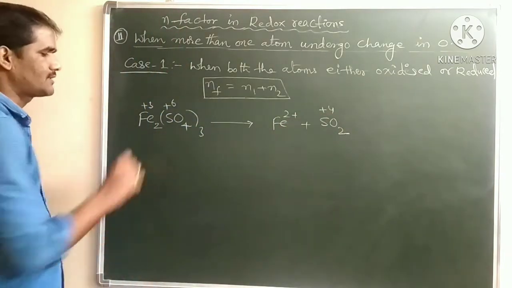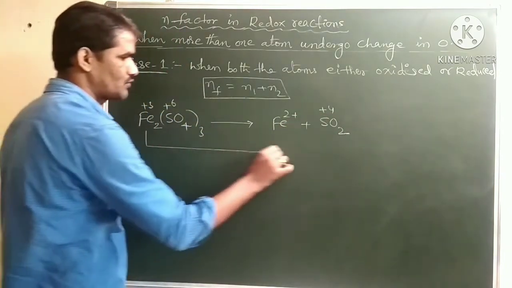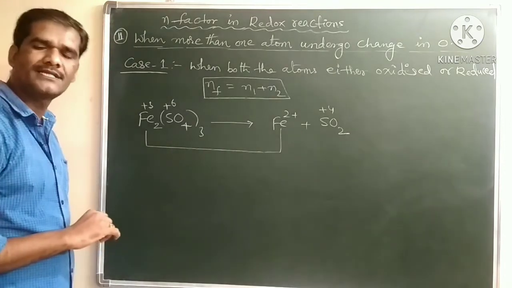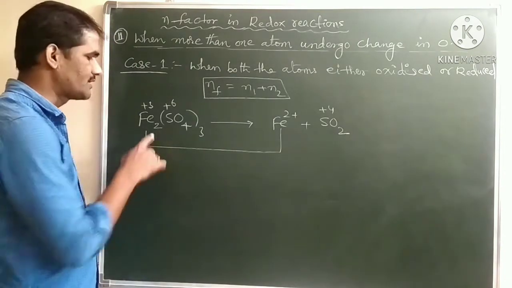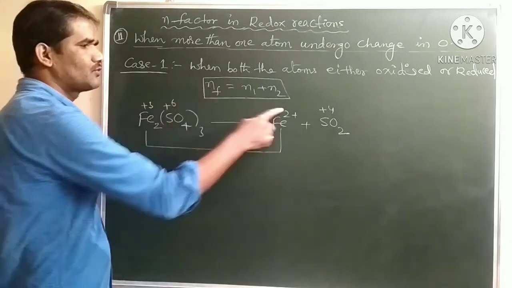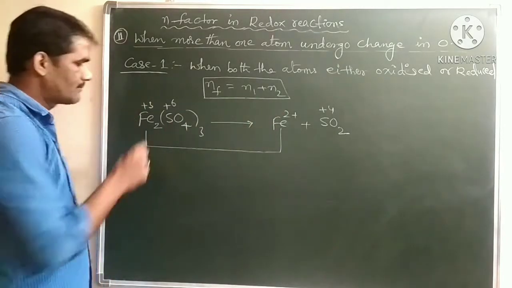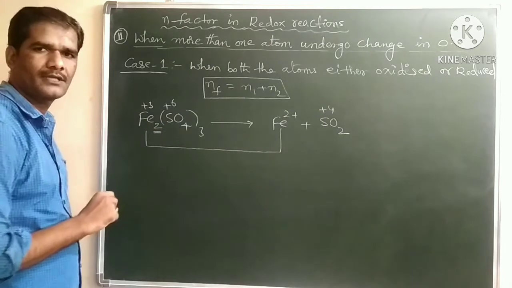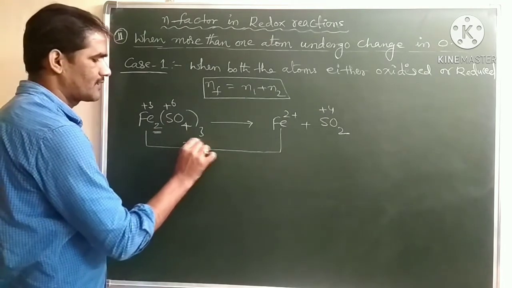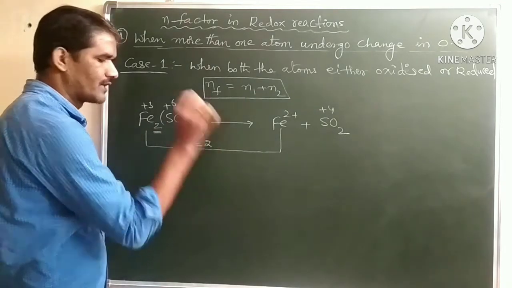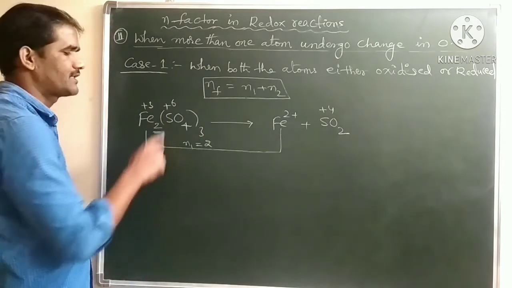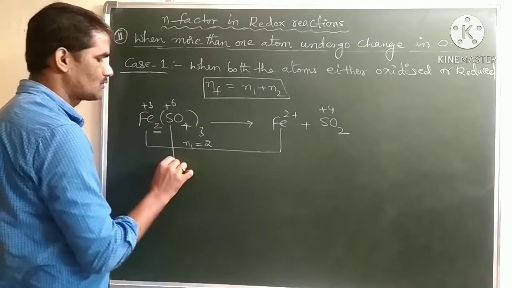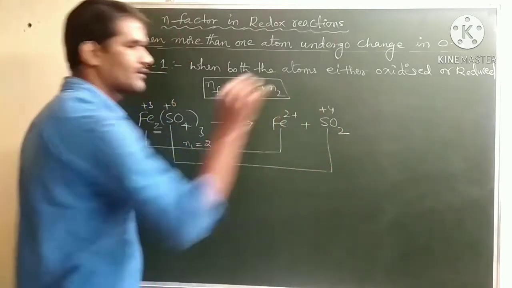Now see, iron is changing from +3 to +2. A decrease in oxidation state means reduction. What is the change in oxidation state? +3 to +2, one change, but there are two iron atoms. So the total n-factor for iron is 2 into 1, which is 2. For sulfur, the oxidation state changes from +6 to +4.